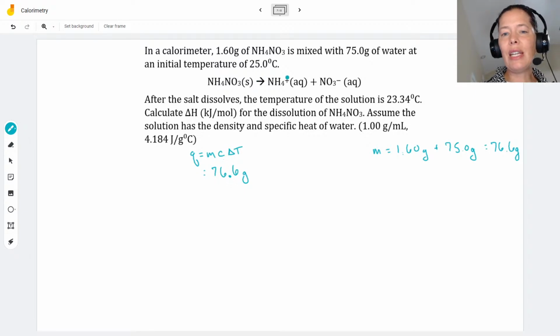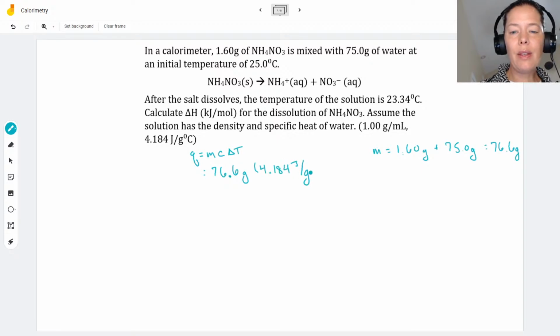Okay, my specific heat, again, the problem told me that I could assume I have the specific heat of water, which is always very nice. And now I need my temperature change. So let's see, my final temperature is 23.34 and my initial temperature is 25.